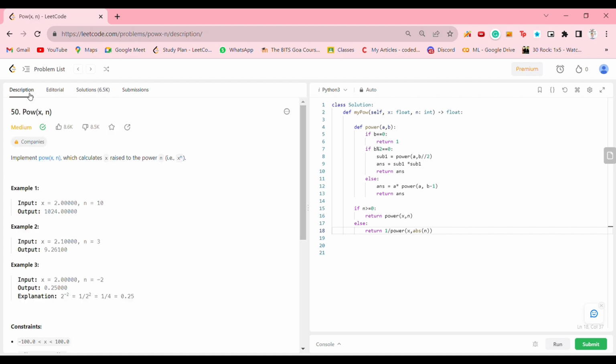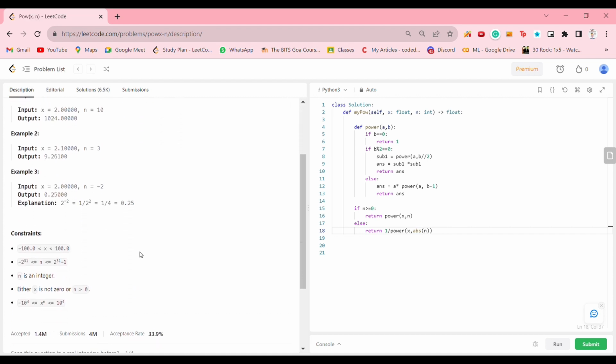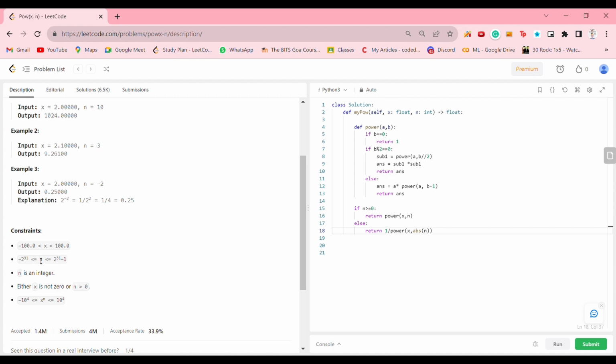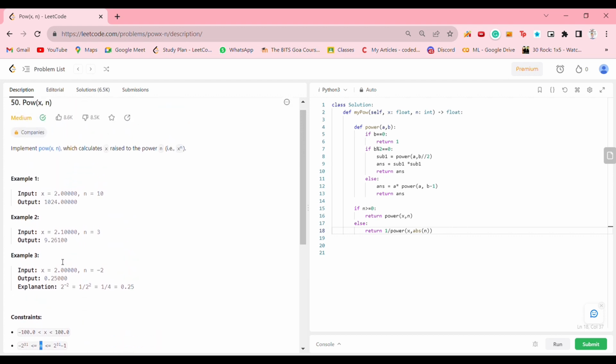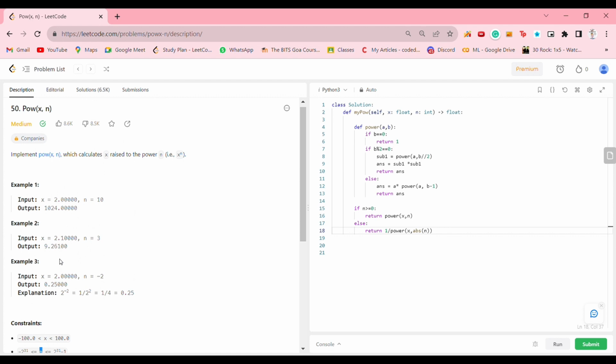One thing that I would like to point out here is, since the absolute value of n can be up to 2 to the power 31, we could not have used the simple algorithm which takes big O of n time, or the basic recursive algorithm which also takes big O of n time to solve this problem, right?